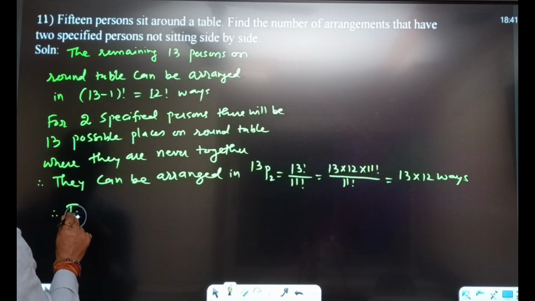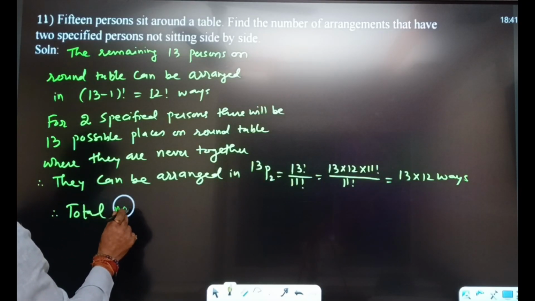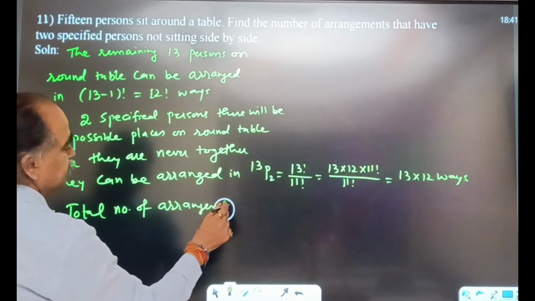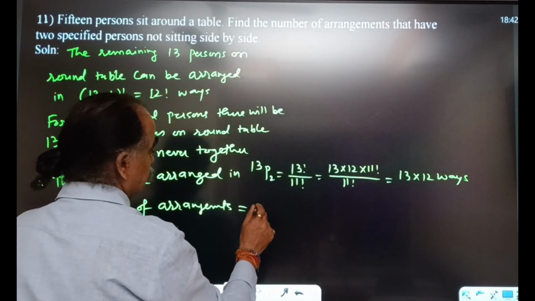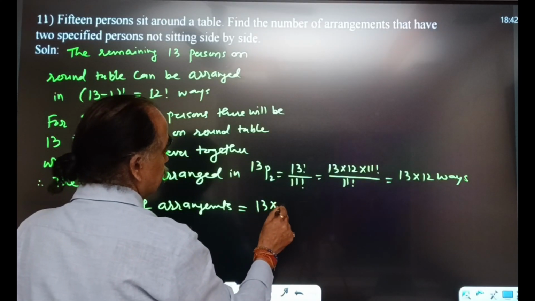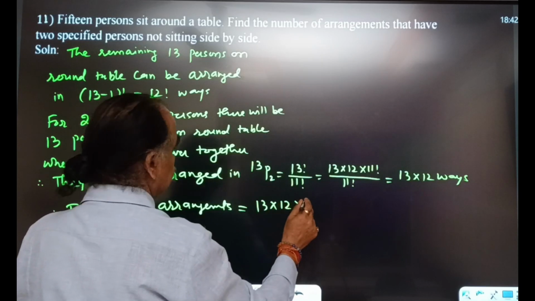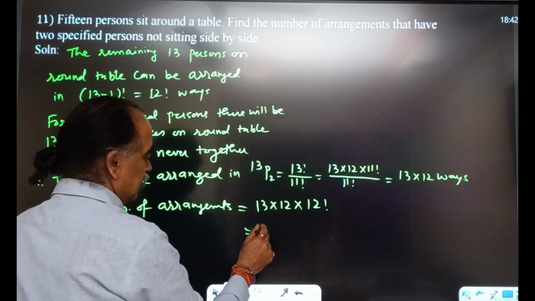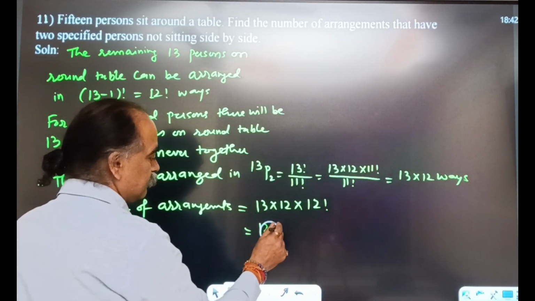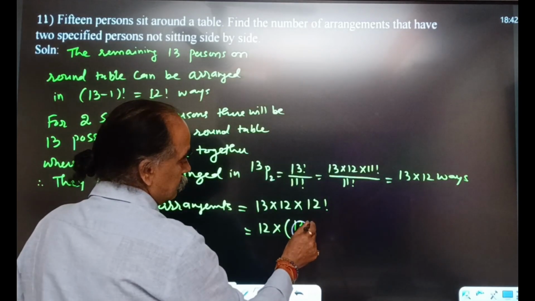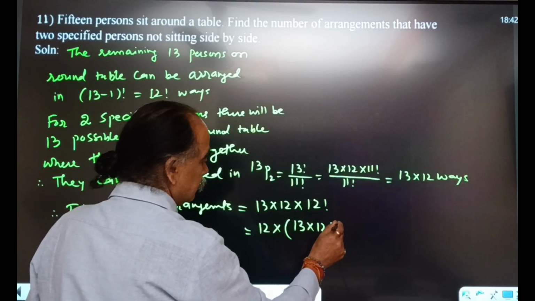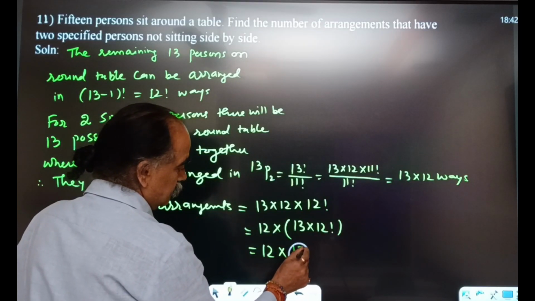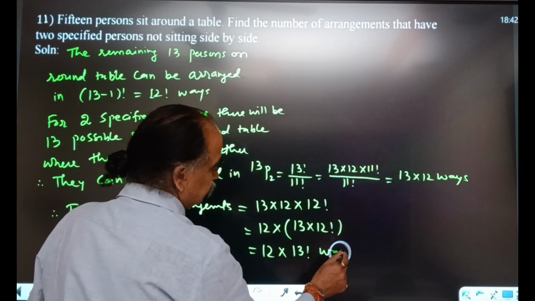Therefore, total number of arrangements is equal to 13 into 12 into 12 factorial. I'll take 13 and 12 factorial together, so 12 into 13 factorial ways.